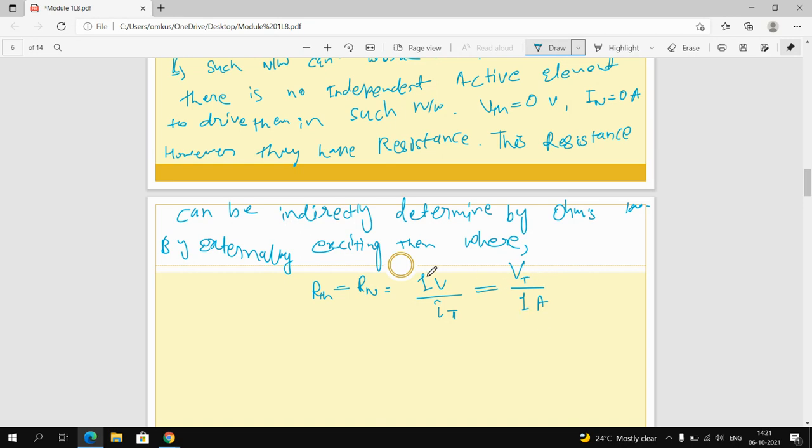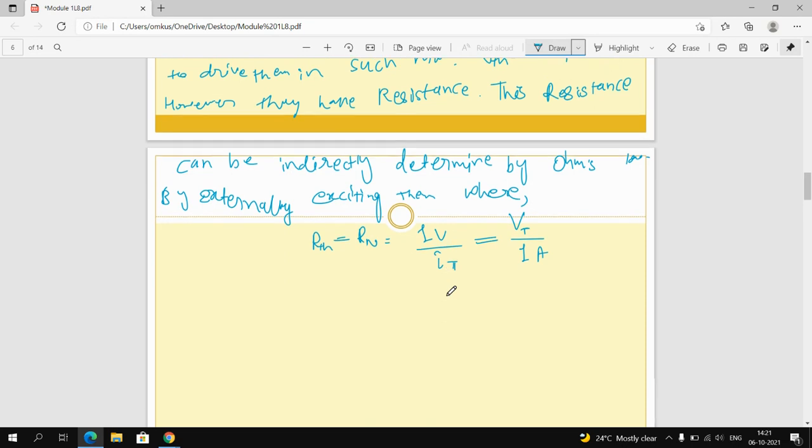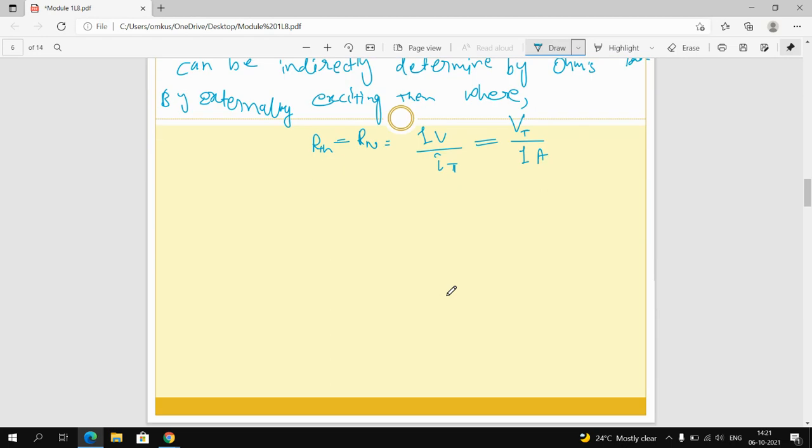So by this you will find out RTH and RN. This is the concept of symmetricity, relativity, by which you can externally excite the network and observe the respective current. For finding the resistance, you take the ratio of voltage and current, by which you can easily find out Thevenin's resistance and Norton's resistance.